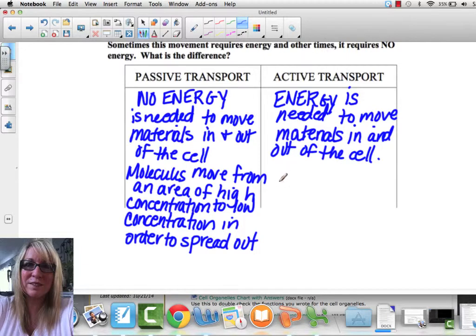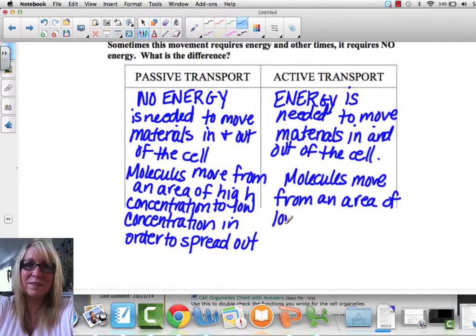And what happens here is that molecules move from an area of low concentration to high concentration.